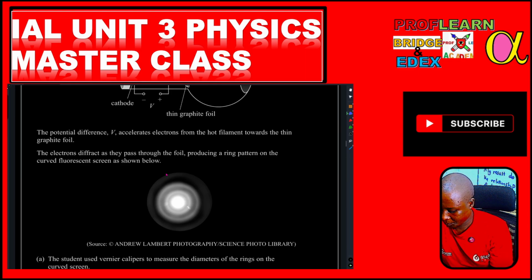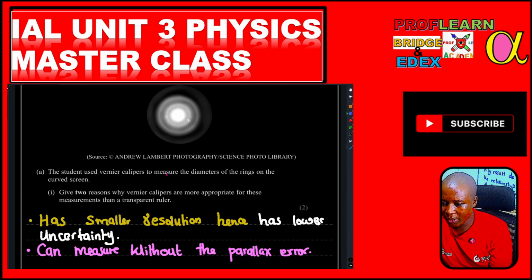The student used vernier calipers to measure the diameter of the rings on the curved screen. Give two reasons why the vernier calipers are more appropriate for this measurement than the transparent ruler. Remember, a vernier calipers has a lower uncertainty because it has a smaller resolution.